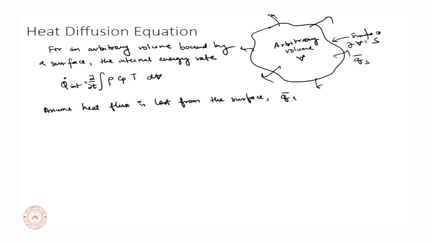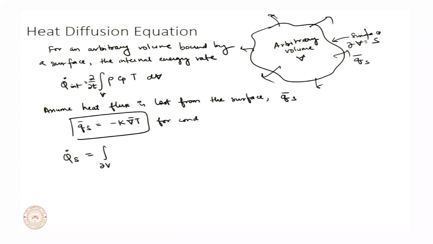That is our q vector s, where q vector s, say if it is conduction, equals minus k del T for conduction. So, the net energy transferred by the surface flux will be equal to the integral over the surface of qs dot ns cap ds.